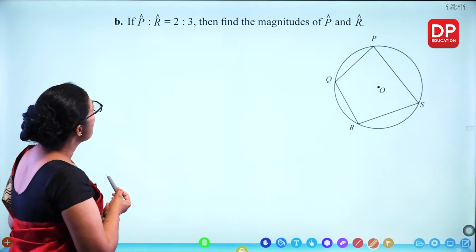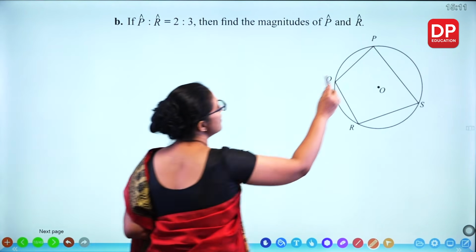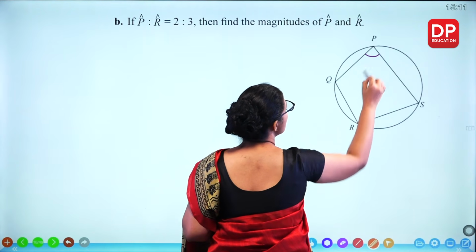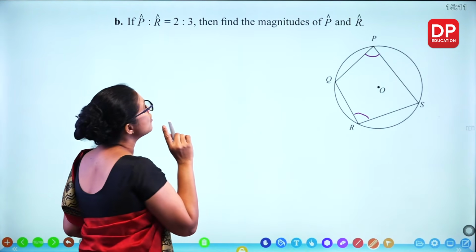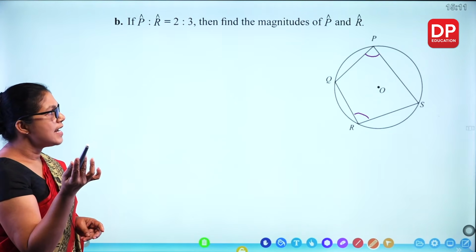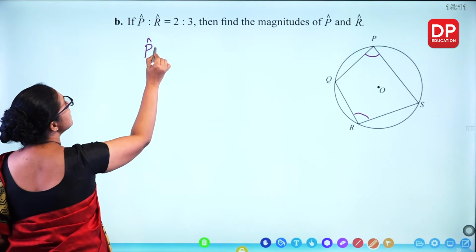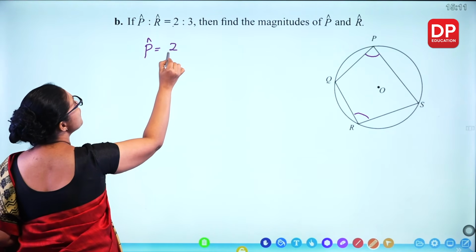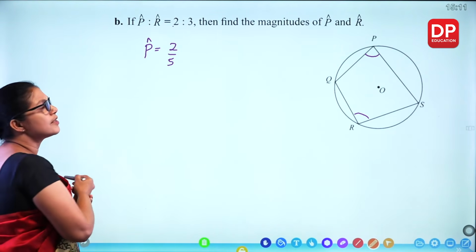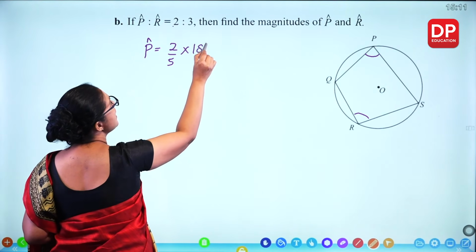Part B, P to R is 2 to 3. P and R, this is 2 to 3 ratio. We know the sum is 180. So as a fraction, P is 2/5 of the sum, 180.